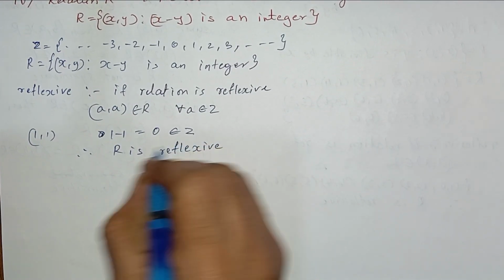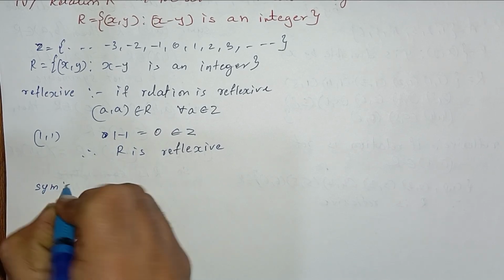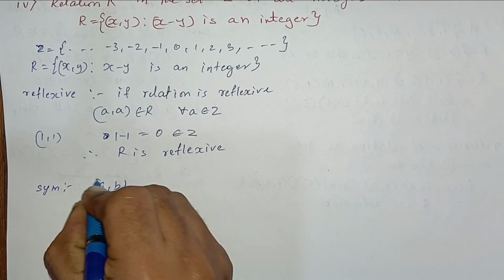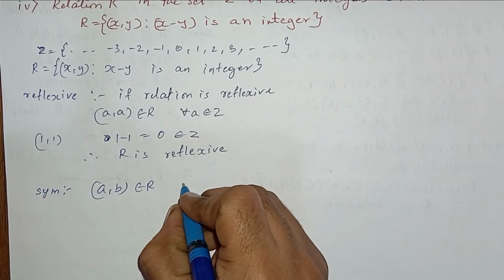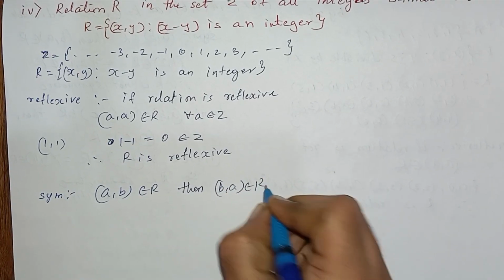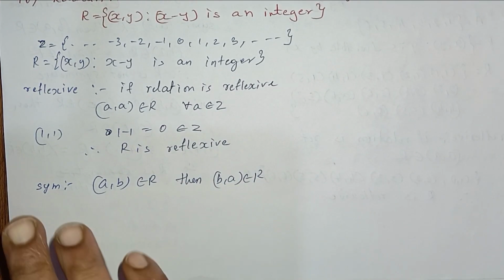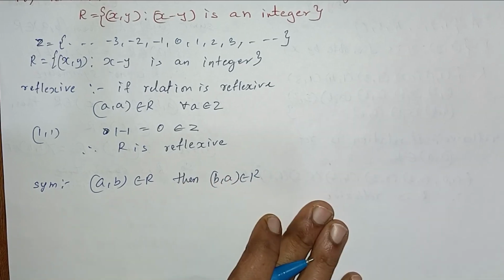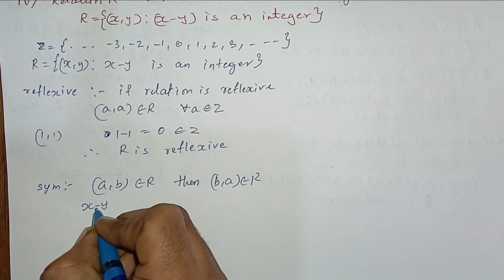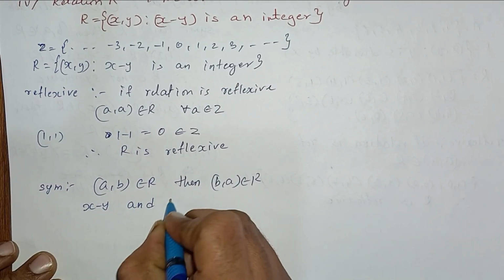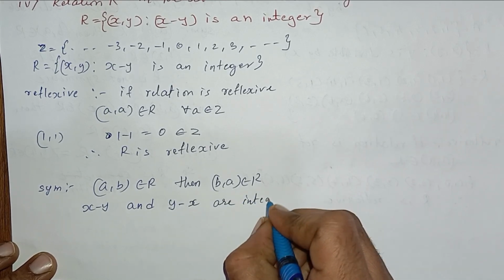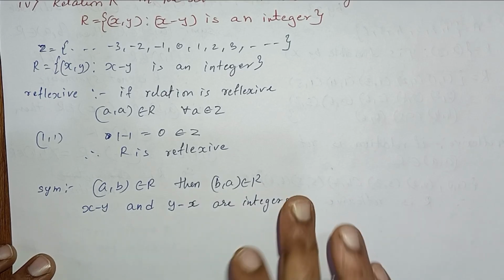The next we have to check for symmetric. A relation is symmetric if (a, b) belongs to R, then (b, a) should also belong to R. So we have to check that if (a, b) belongs to R, then (b, a) also belongs to R. So here, x minus y and y minus x should both be integers.